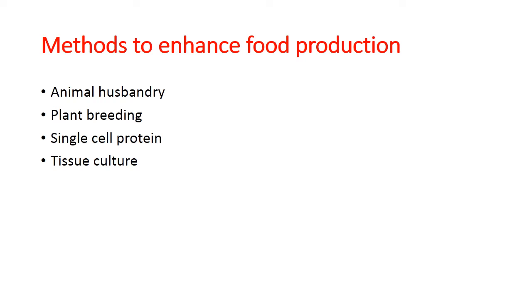So all these foodstuffs, where are they coming from? They are coming from plants. So plant breeding deals with how to increase the products coming from plants, because the plant products are very rich in carbohydrates. Some are rich in minerals, some are rich in fibers. So plant breeding deals with increasing the plant products by using varieties of plants.